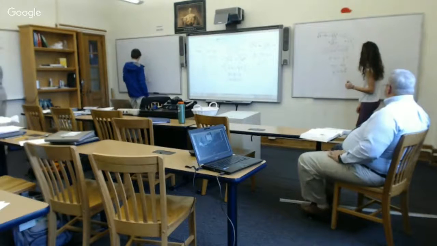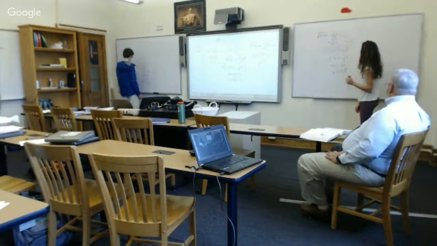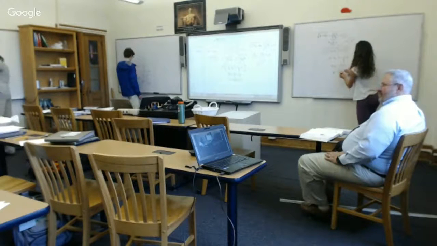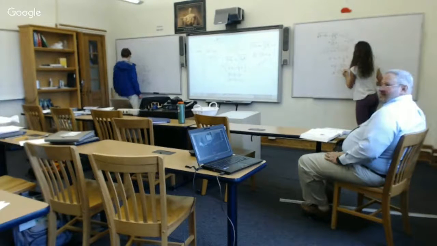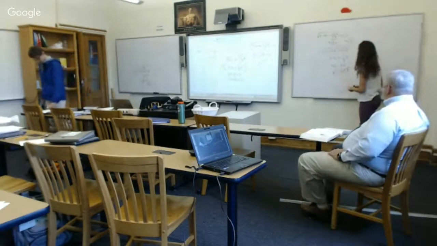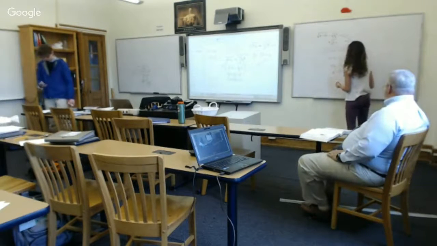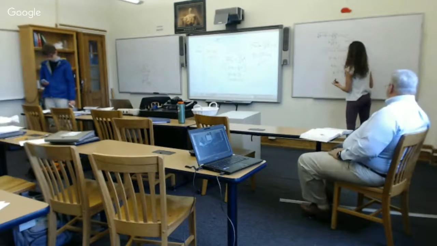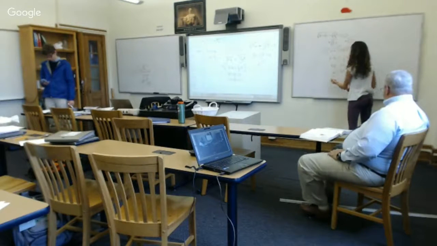Did you say x is equal to 9? That's going to be 6 plus 1/3 x, not times. Yeah, no, you're not finished. What do you do with the x, Angie? What do you do with the 1/3 x?